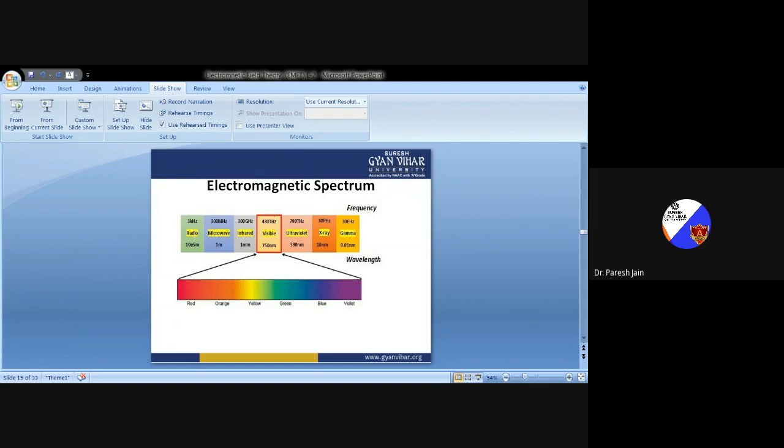Radio waves occupy the lowest frequency range in the electromagnetic spectrum with the greater wavelength, hence it is said to be the lowest frequency region of the electromagnetic spectrum. It has a wavelength range of 1 millimeter to 100 kilometer, with the frequency ranging between 30 kilohertz to 300 gigahertz.